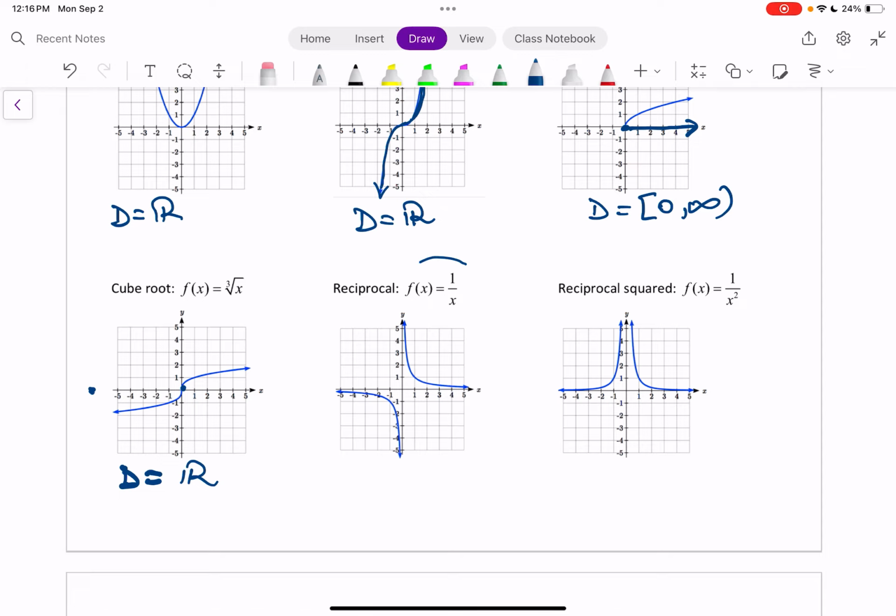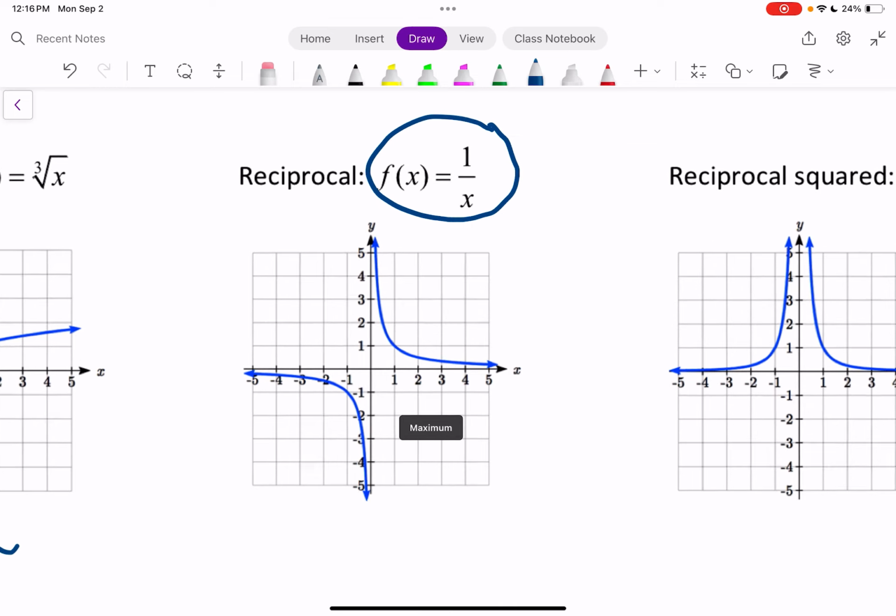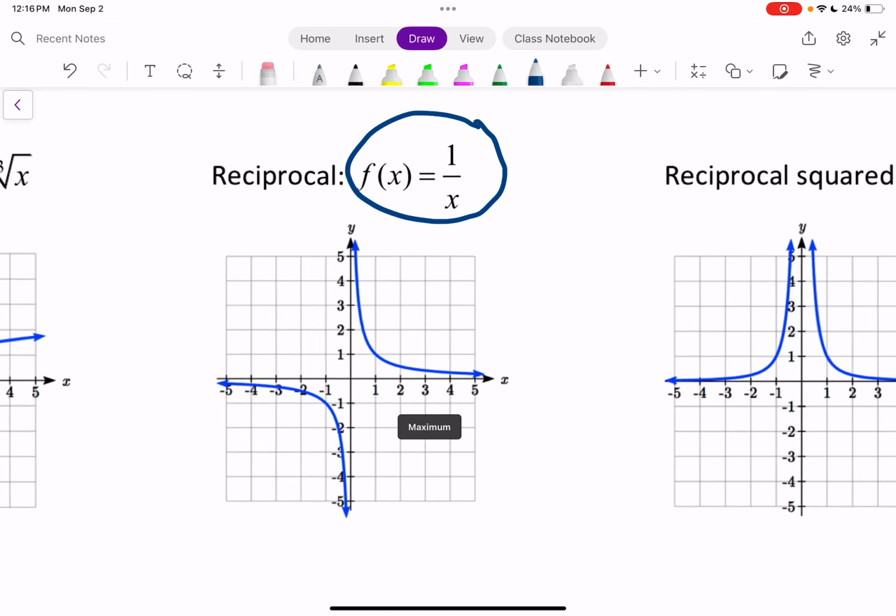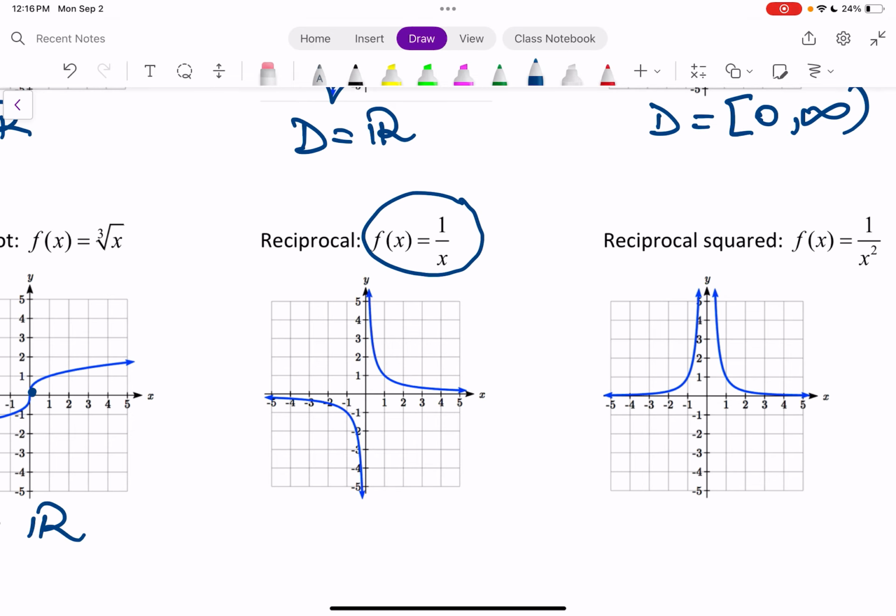This is another function that gave us trouble in the last section. And as you probably see, this graph is stretching next to the y-axis, jumps over it and stretches next to the y-axis again. Definitely this graph skips over x equals 0. It does not cross the y-axis.